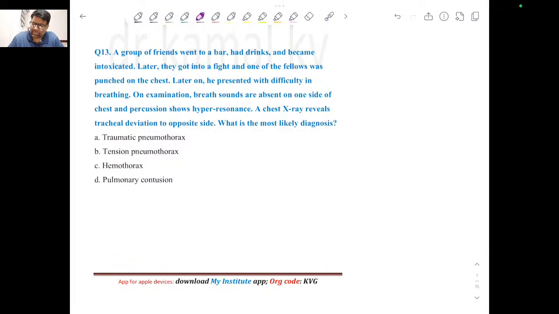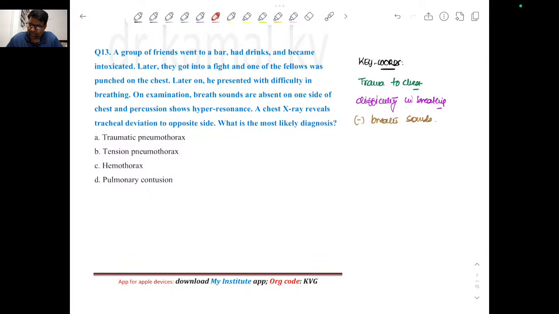So just as a part of discussion, let us write the keywords first. There is trauma to chest, right, number one. Then difficulty in breathing, dyspnea, right. Then absent breath sounds.